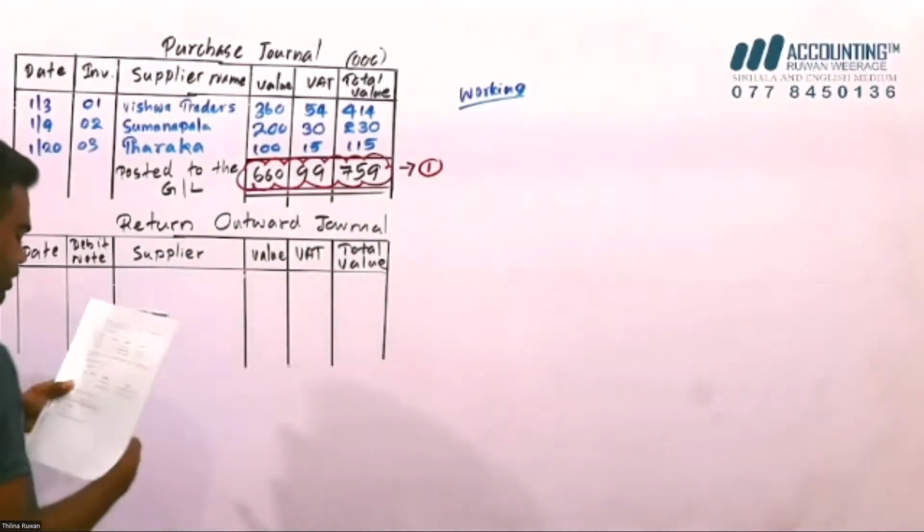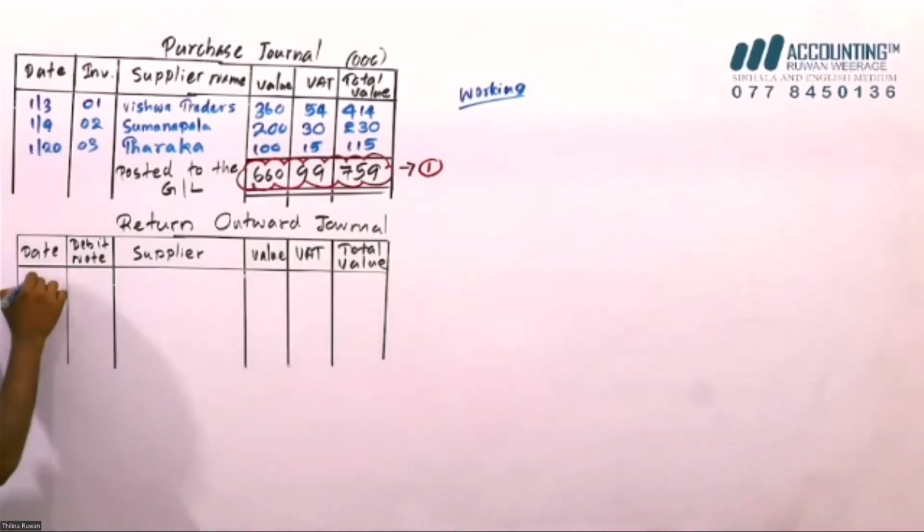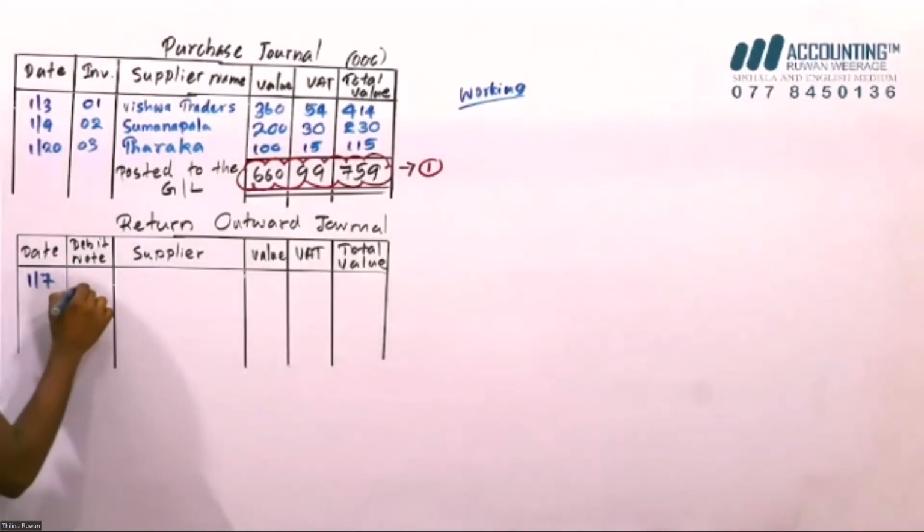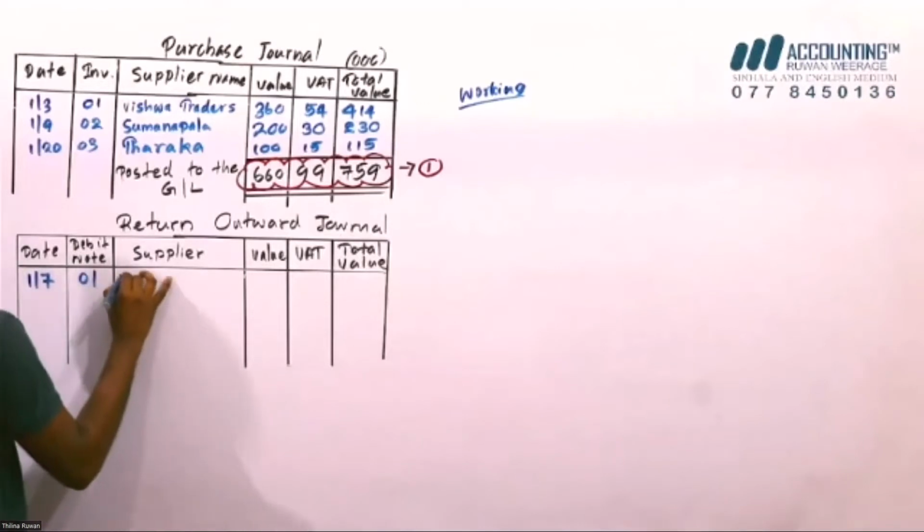Return outward journal, January 7th. Credit debit note number 1. Visual Traders.